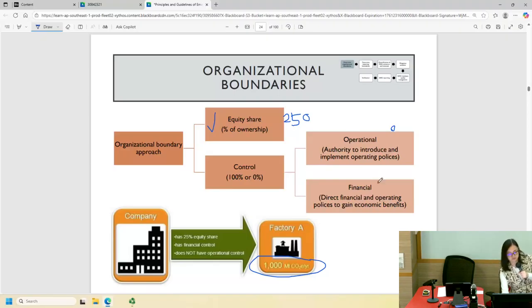And if, instead of operational control, this company is using financial control, and it has financial control, then this company will be responsible for 100% of the emissions of factory A. So different approach, different amount of emissions responsible.